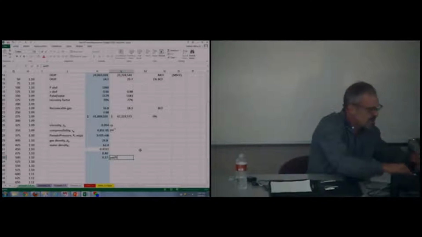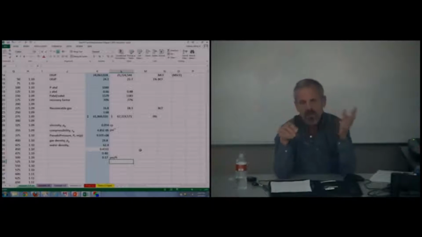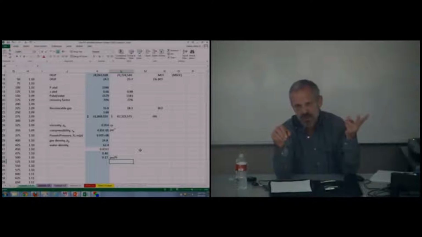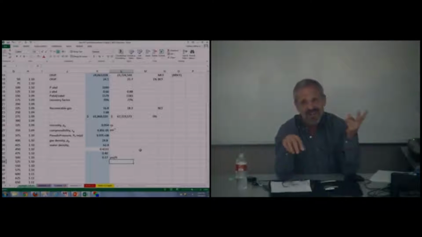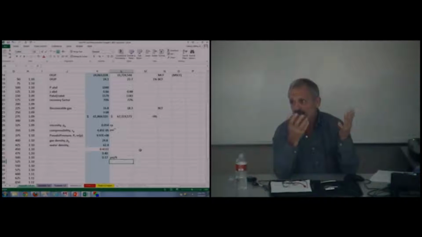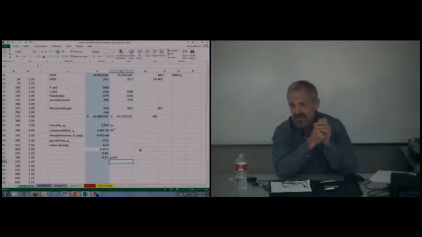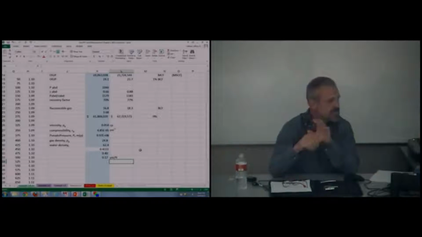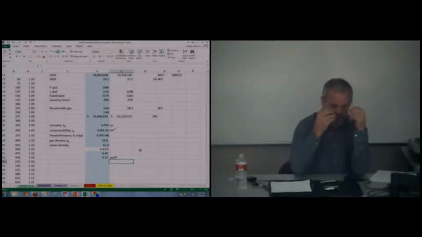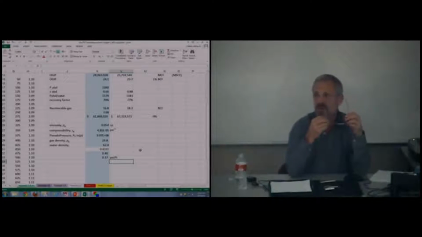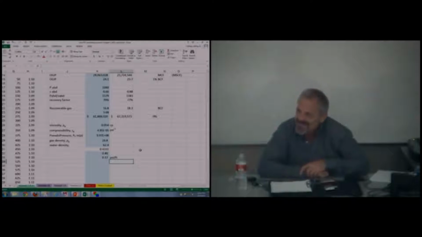So probably what I'll do on the test, which is in 2 weeks, is I'll have a graph of depth versus pressure, and I'll ask you what the gas gravity is. So it'll be handy to know what the density of water is. In the reservoir, we're seeing a gas gravity of about 0.86.